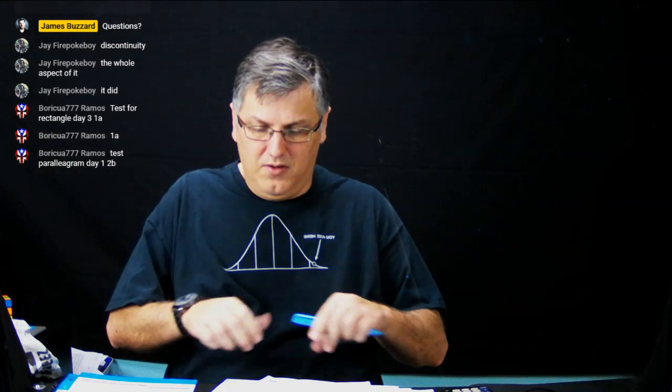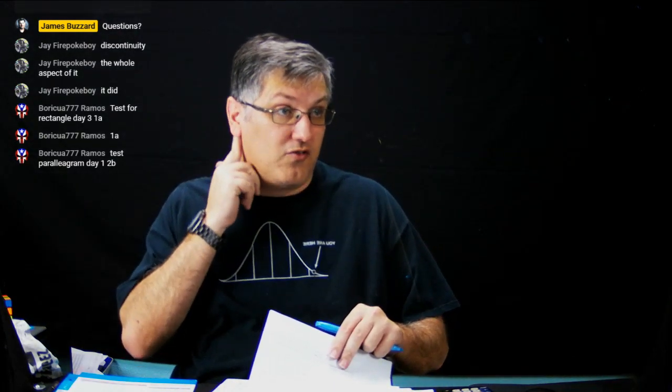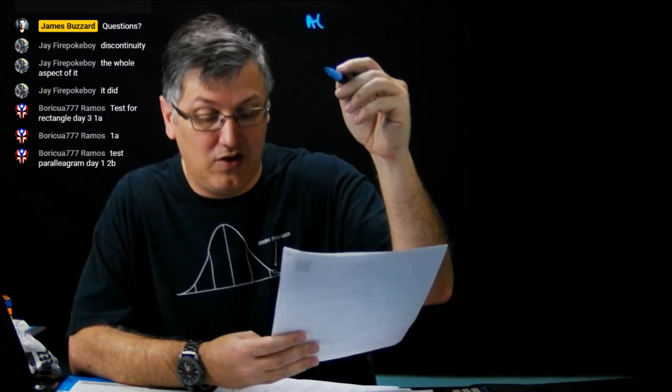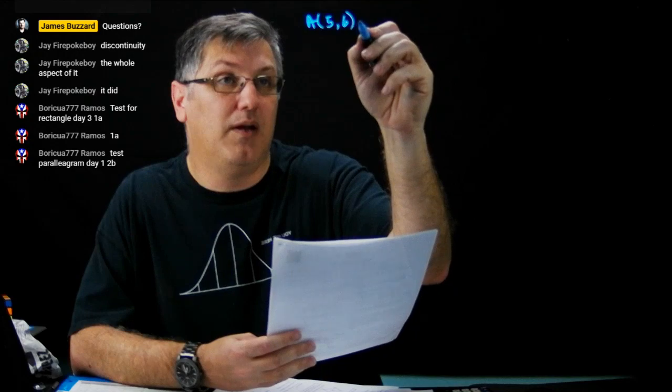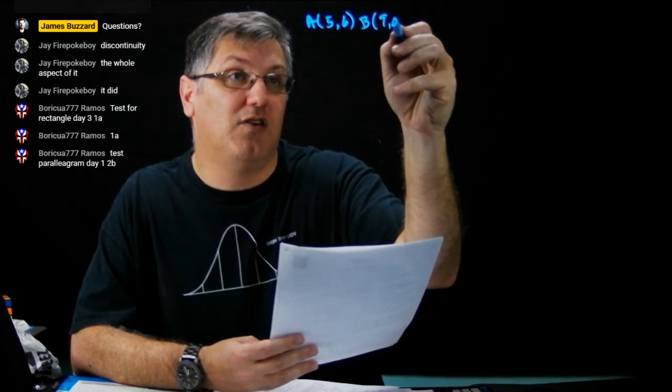Test parallelogram day 1, 2B. All right. So this is really kind of the same idea as what we were just doing with the rectangle. I have point A, which is 5, 6. Point B, which is 9, 0. Point C, which is 8, negative 5.